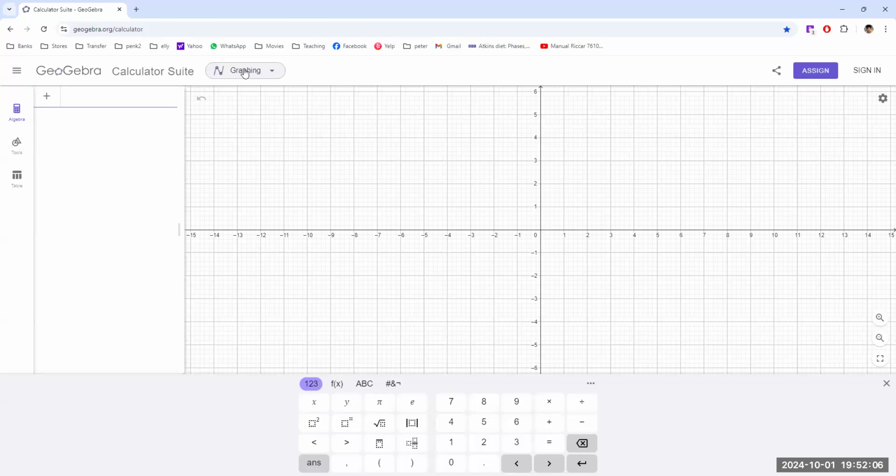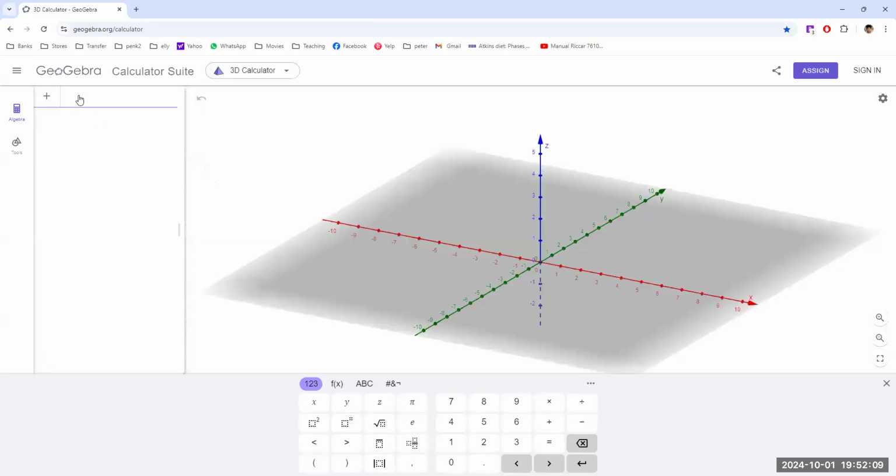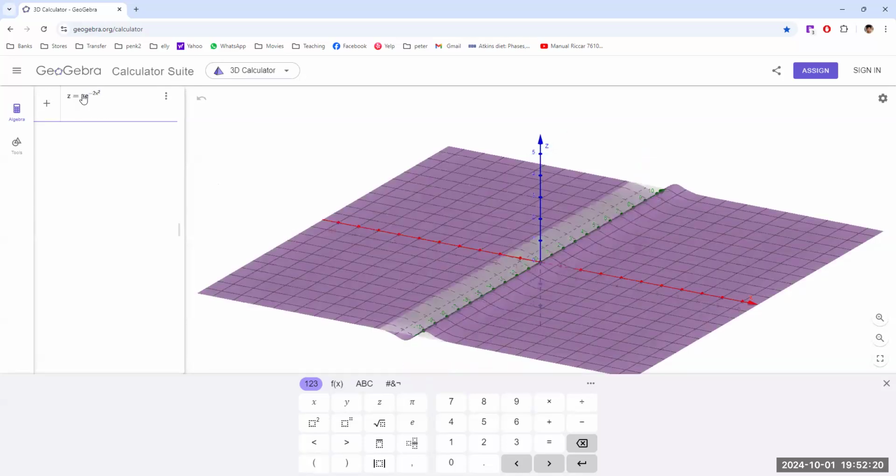Let's take a look at this graphing calculator. This is actually an online 3D calculator, and z equals x times e to the -2x squared minus 2y squared. Yeah, that's what it looks like, but I don't like the color. Maybe we enlarge a little bit.